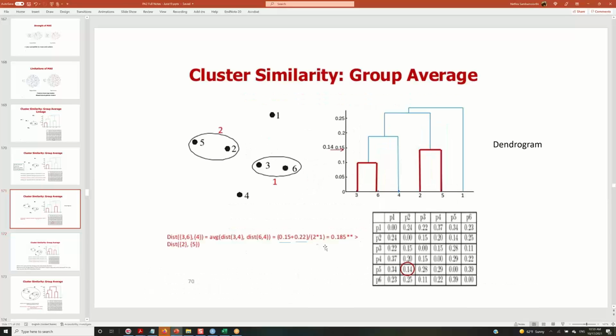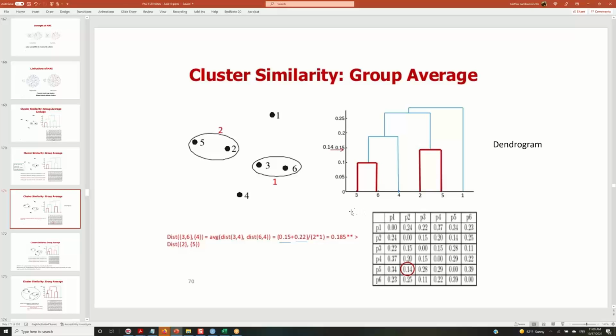All right. So next is the average distance, 0.185, right? After you have the 3 and 6 together, we want to know which one should be added to that 3 and 6 next.